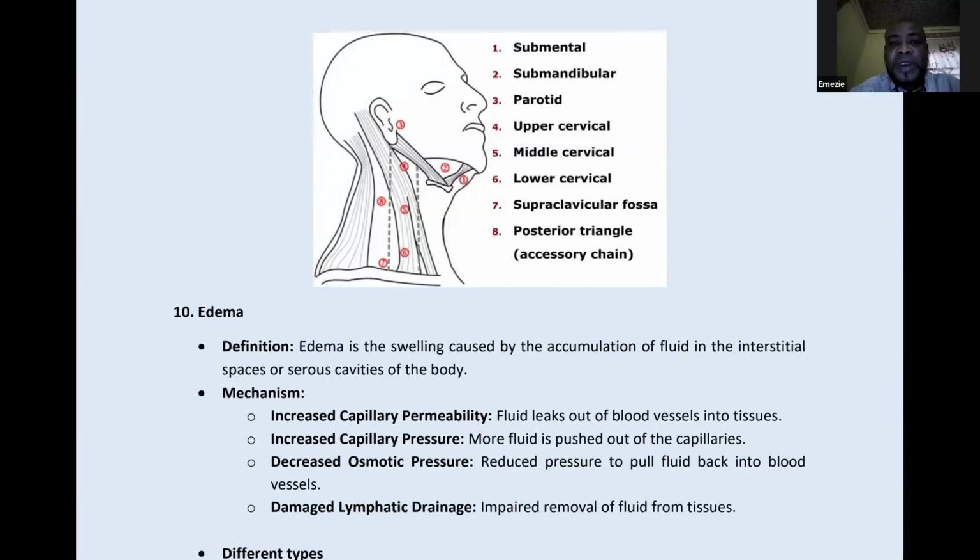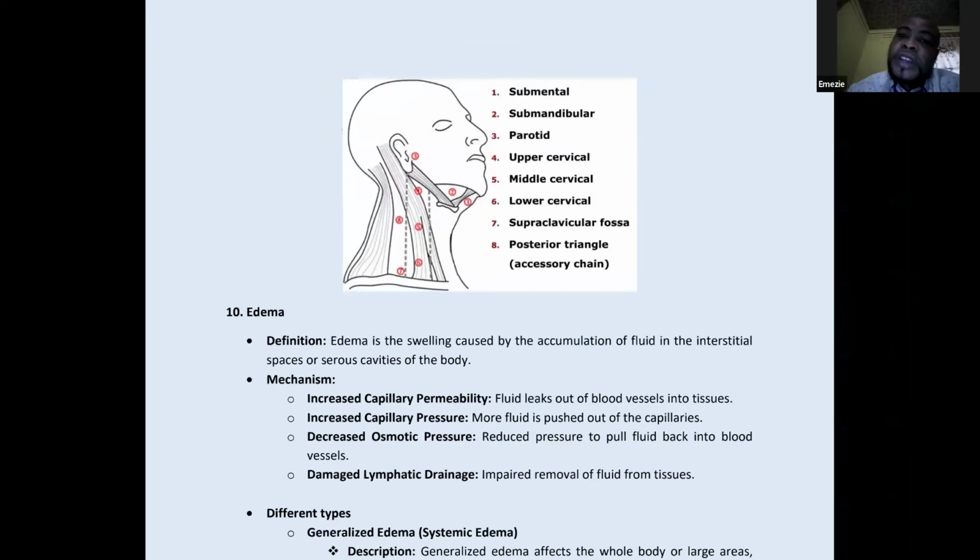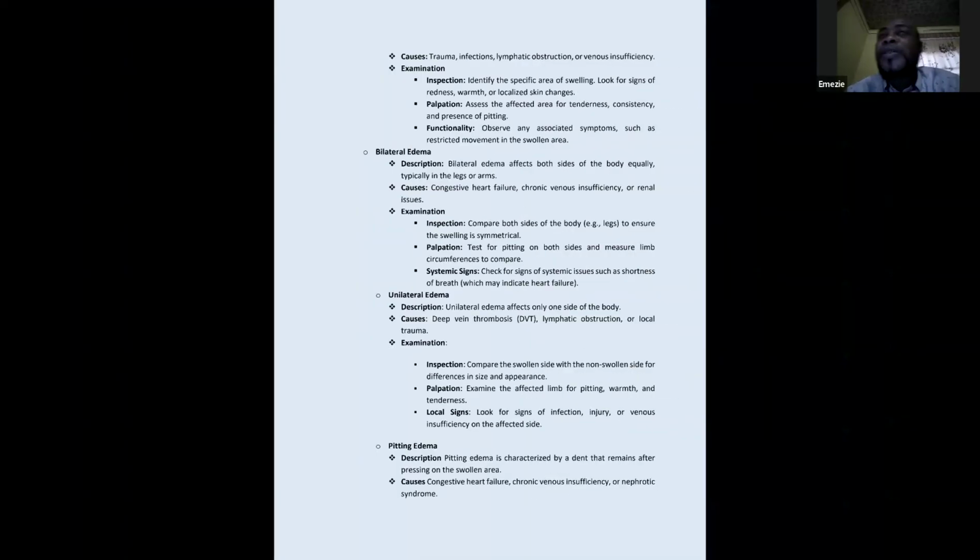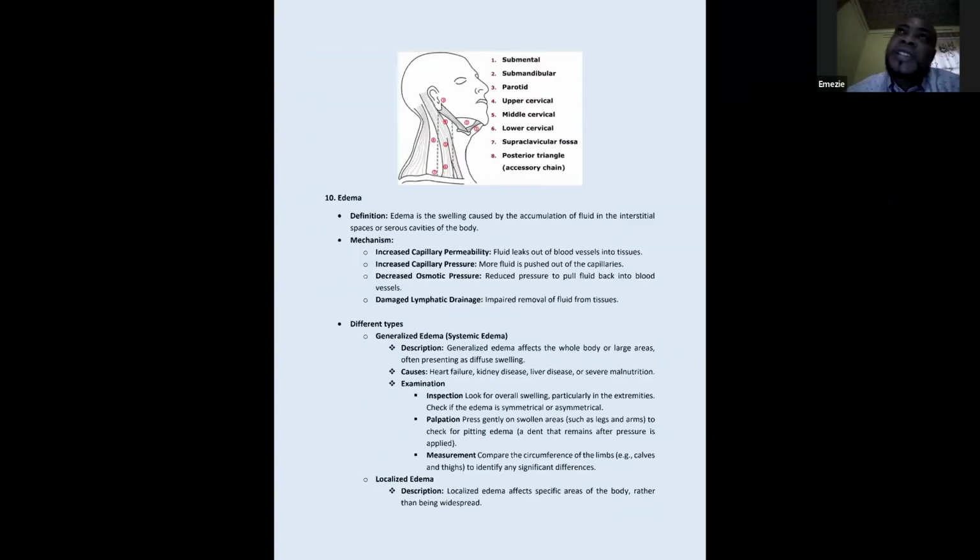After that, we'll now check for edema. Then for edema, we say if it is pitting edema or non-pitting edema. Remember that one of the most common causes of pitting edema is heart failure.